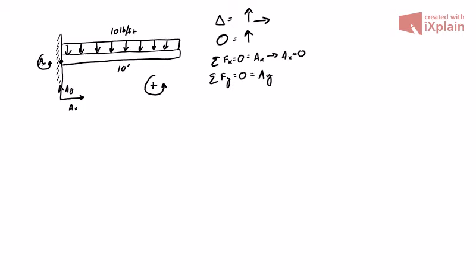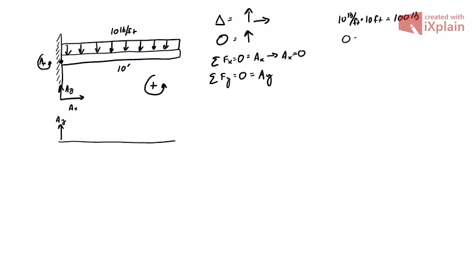And then we have another one of these distributed loads. So we can convert it to a point load for the sake of solving for our A sub Y and our moment. If it's 10 pounds per foot and it's 10 feet long, therefore it's 100 pounds.